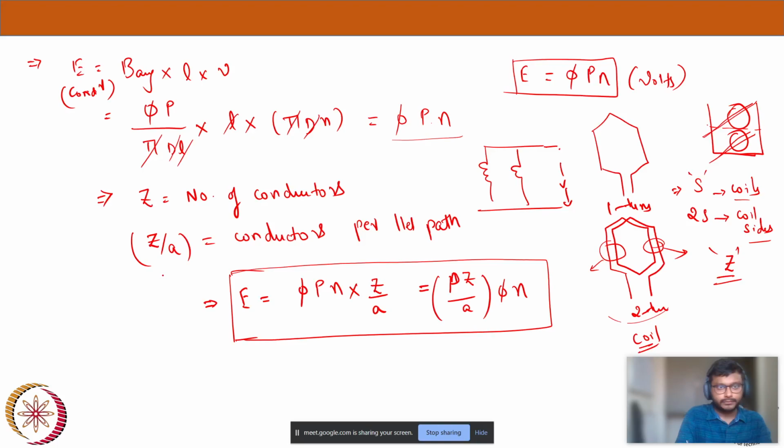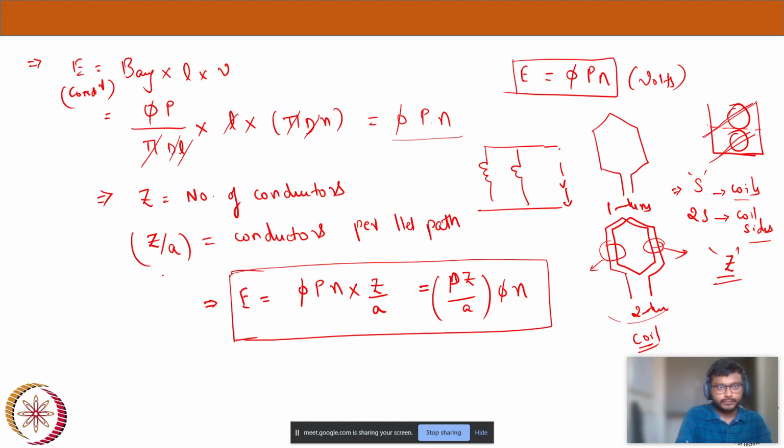The field comes out of the North Pole and the lines enter the South Pole, that's the convention. This is the flux generated per pole, phi F, the field flux.